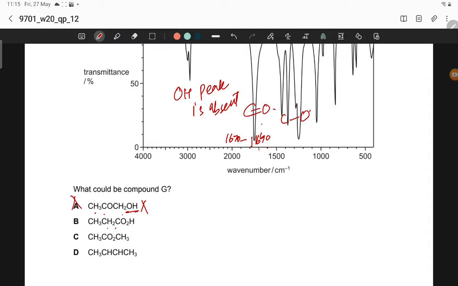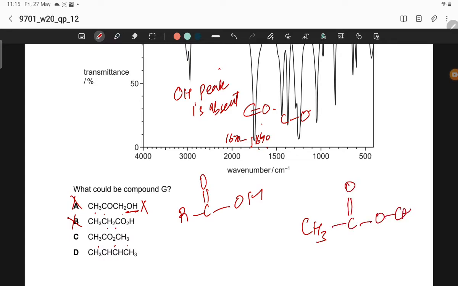CH3CH2, C double bond O, and OH is absent, so this is not correct. CH3CO2, CH3, this must be correct, so option C is correct. There is no C double bond O in this compound, so D is also incorrect.